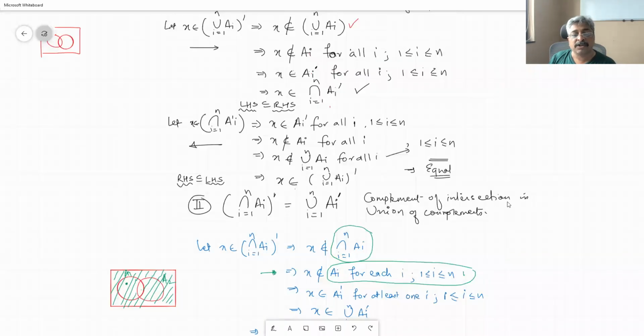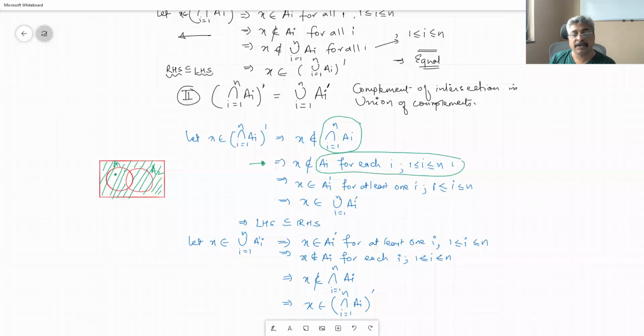And let us see what is there for the second. If x belongs to the complement of intersection, that means x belongs to the intersection of all of them. This is correct. That means x does not belong to Ai.